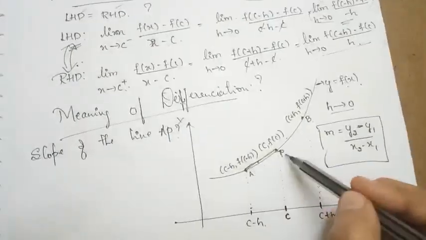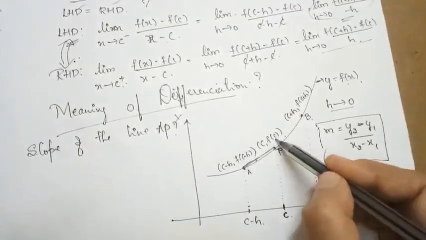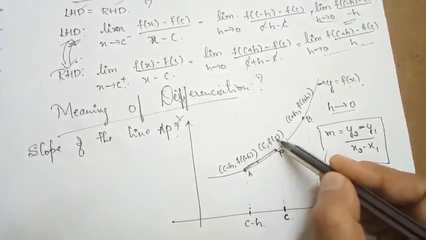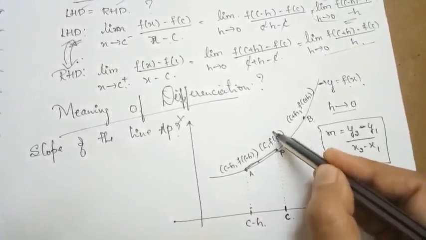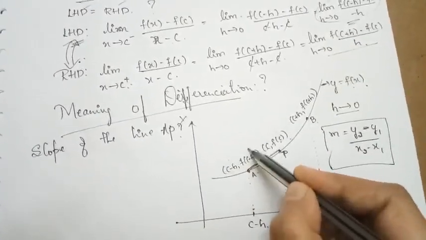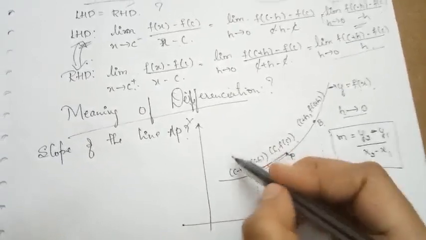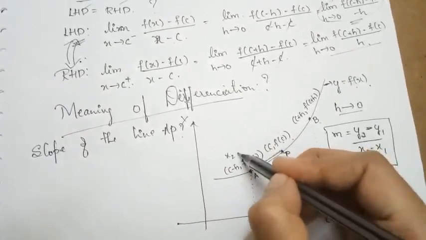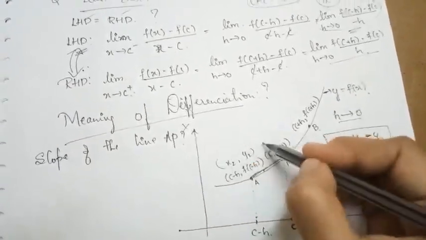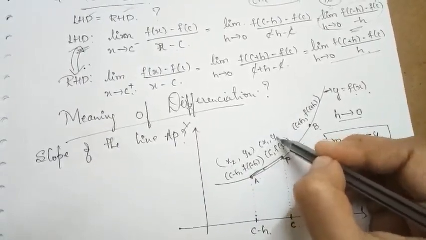So for AP, I am considering this one as x2, y2, and this one as x1 comma y1.